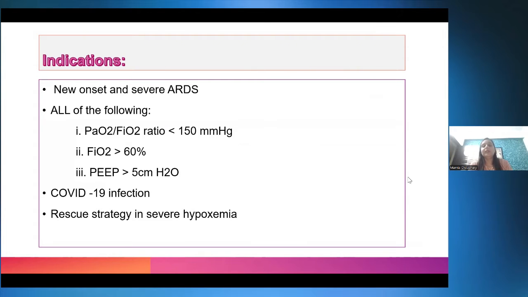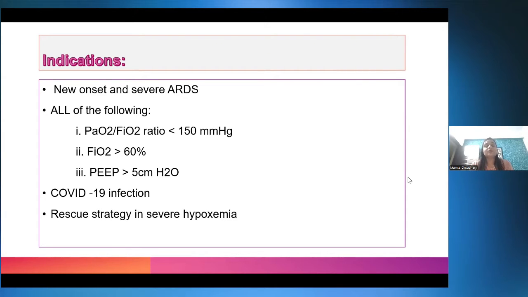So what could be the indications for this prone ventilation? The foremost and most common use of prone ventilation is in cases of ARDS. If a patient has new onset or severe ARDS, prone ventilation is recommended.